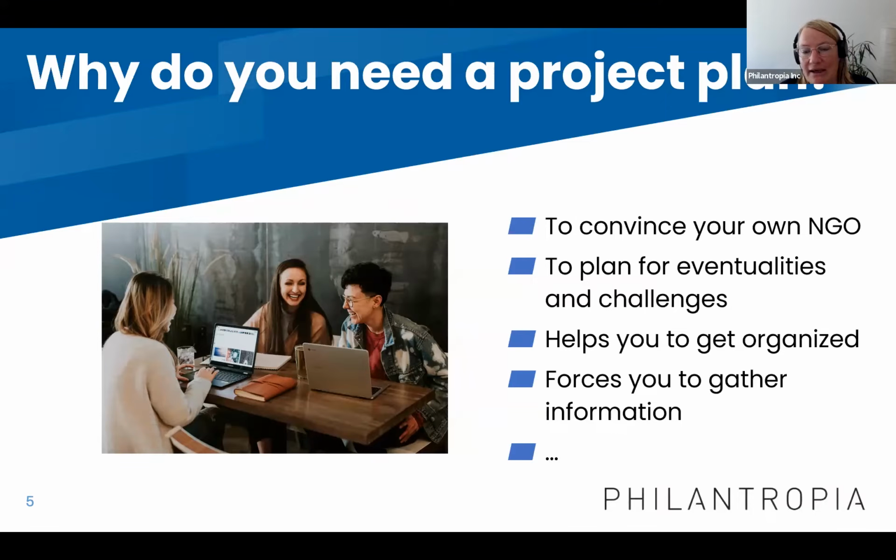Maybe you have attended one of our webinars about developing a strategy, and one of the things that we always stress there is to do good donor research, to develop a strategy, etc. You need to know where you want to go, which means that you need to understand how much money you will need for a specific project.